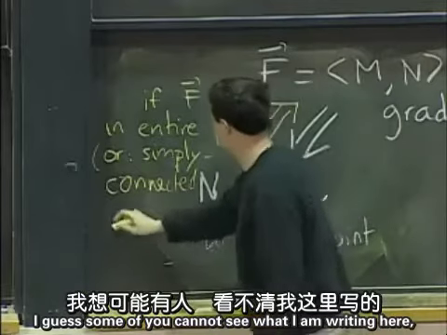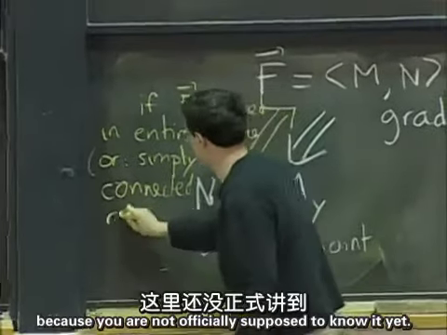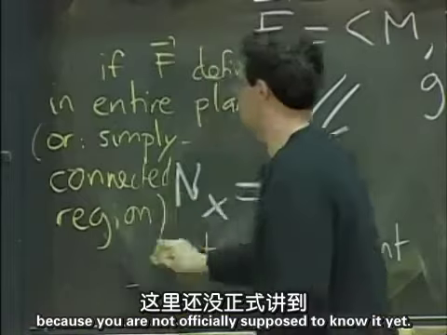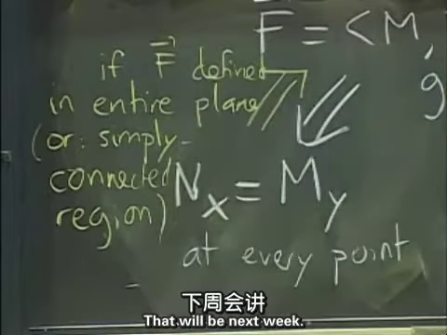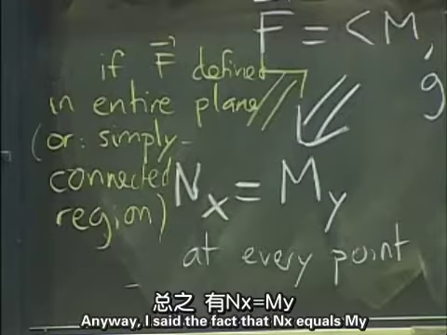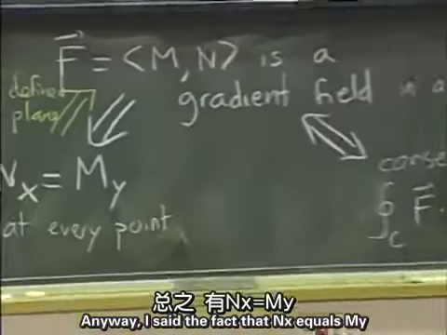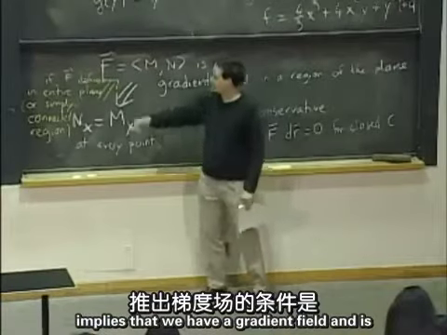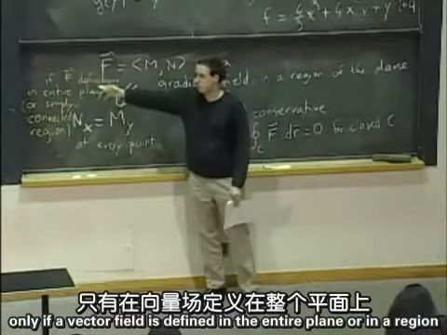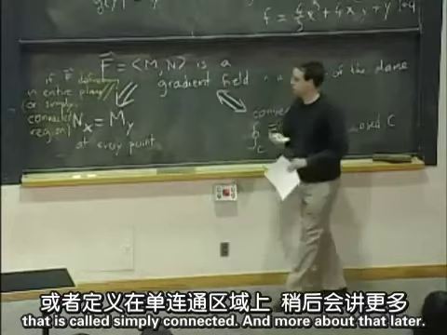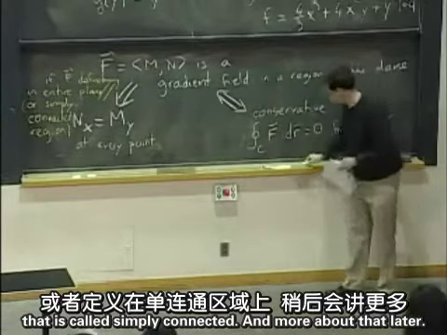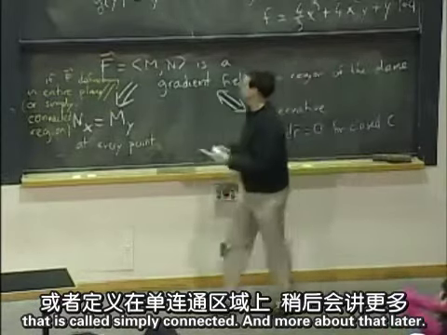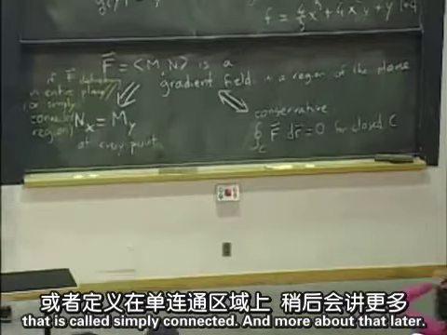Okay, I guess some of you can't see what I'm writing here, but it doesn't matter because you're not officially supposed to know it yet. That will be next week. Anyway, the fact that N_x equals M_y implies we have a gradient field is only true if the vector field is defined in the entire plane or in a region that's called simply connected. And more about that later.